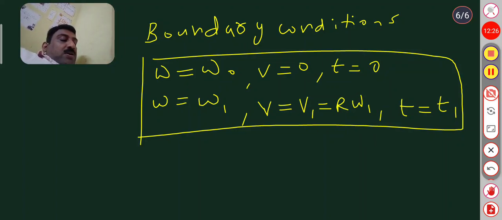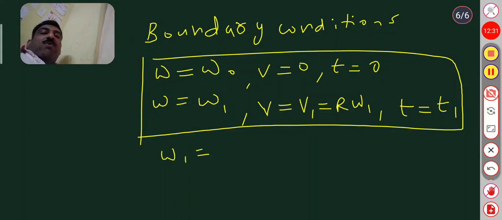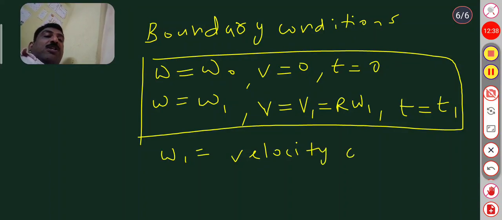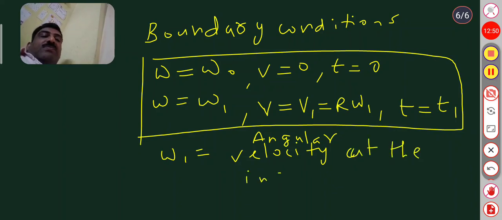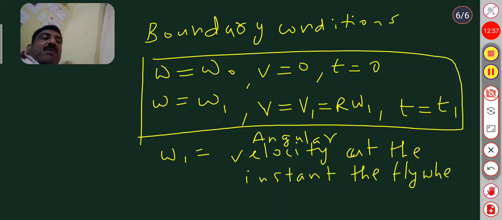Here, omega 1 is the velocity. So what is omega 1? Omega 1 is the angular velocity at the instant the flywheel stops slipping.